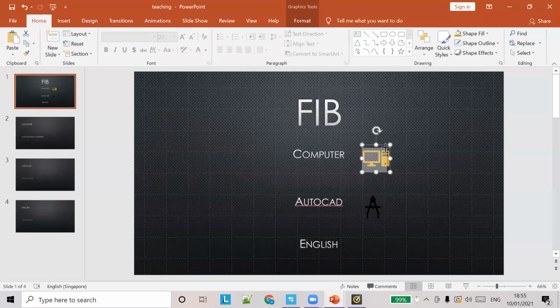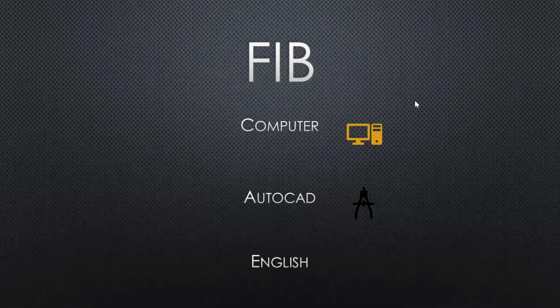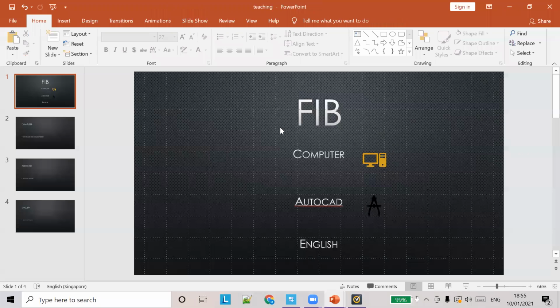So if you want to make the icon smaller, you can make it. So you can use the grid lines, and these grid lines won't appear in the Excel. Okay, so you don't see those grid lines here. It's only a guideline to help us align those elements in the presentation easily.